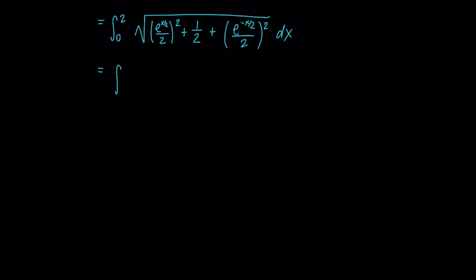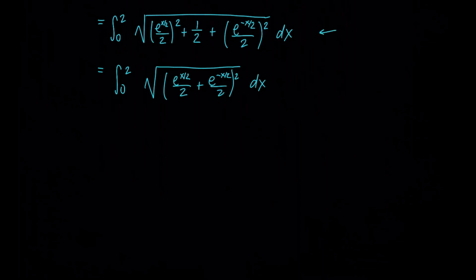So we have the integral from 0 to 2, the square root of a plus b, e to the x over 2 plus e to the negative x over 2, squared dx. So this right here is of the form a squared plus 2ab plus b squared, and that's why we know it factors to quantity a plus b squared.